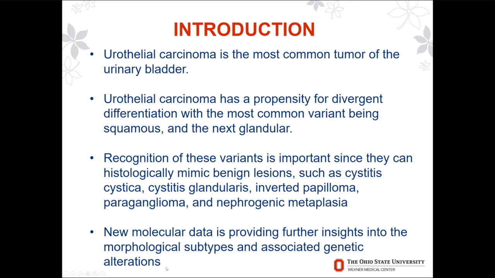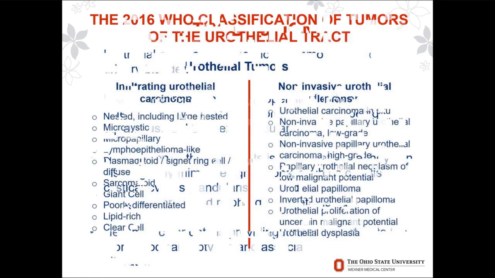It's important to recognize these variants because they can mimic benign lesions such as cystitis cystica, inverted papillomas, paragangliomas, nephrogenic adenomas. And we are uncovering new molecular data, which is providing additional insights into what these morphological subtypes really mean and what the associated genetic alterations are.